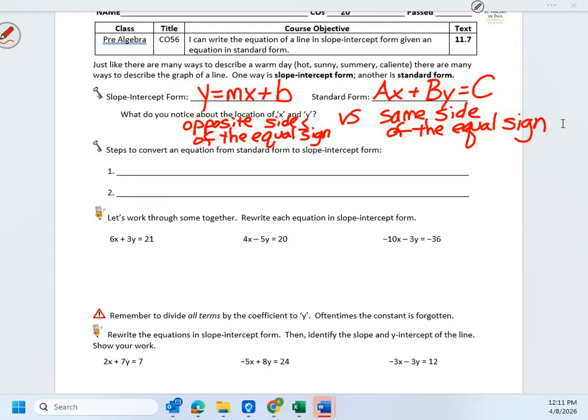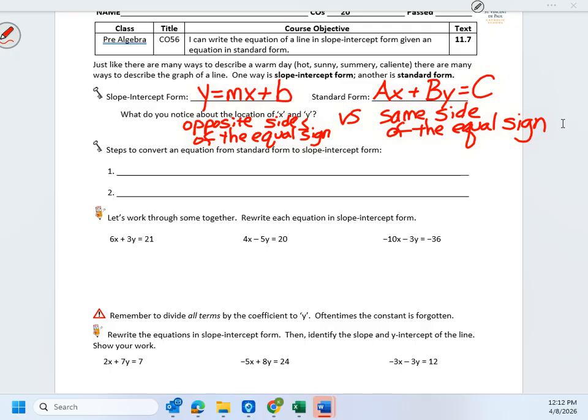So what do you think we're going to be using to move things around? What do we use when we move things around that equal sign? Colton? Opposite operations, when we're moving to opposite sides of the equal sign. So we're going to see how opposite operations are going to play into this.